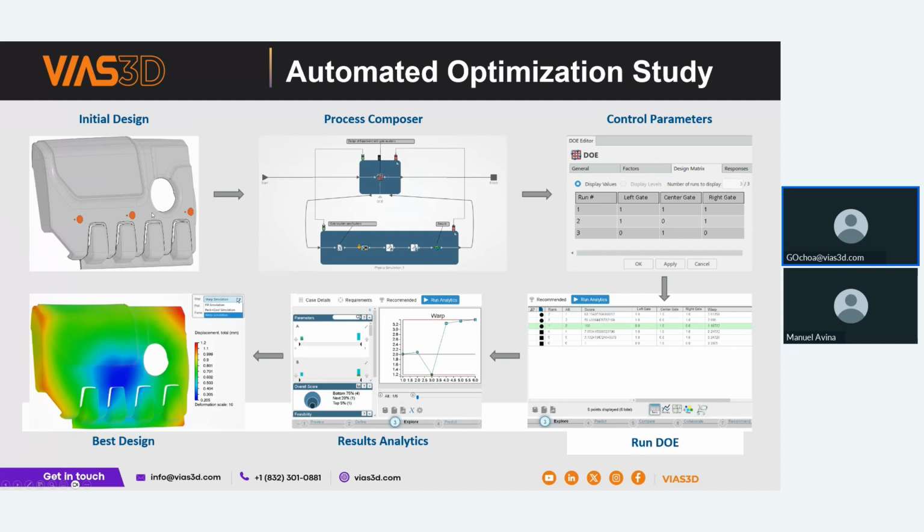So in this example, users can define multiple injection locations, and this process can automatically submit all the jobs and do the results analytics, so we can investigate the design space and come up with what would be the best number of injection locations, or the injection location position.